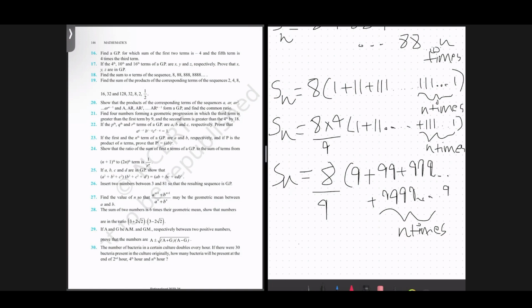Now when I've done that, can I write each and every term in this bracket as being 1 less than a power of 10, right? Let's see, I'm going to do that.